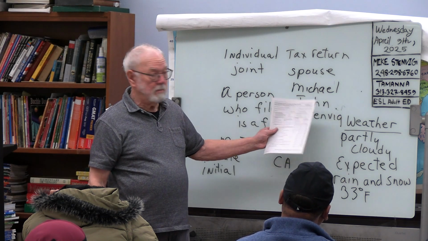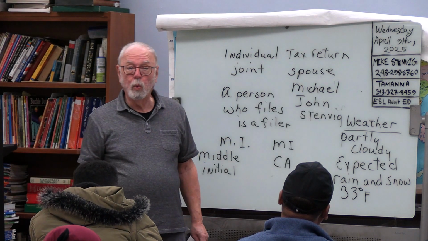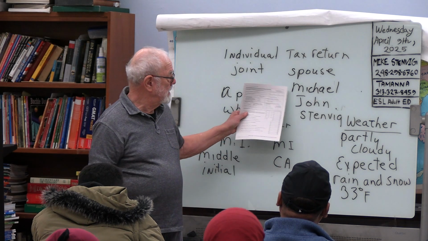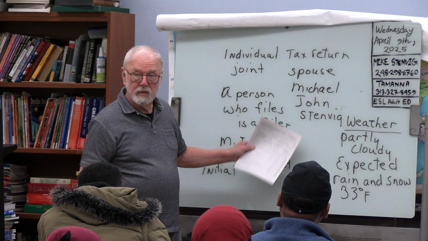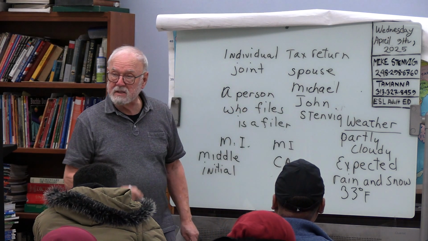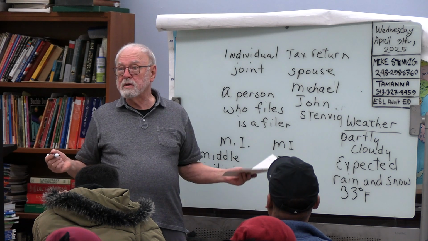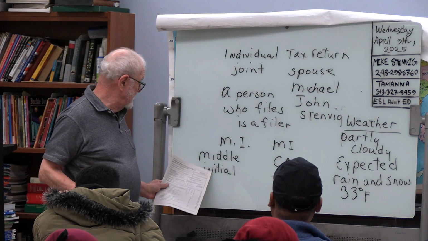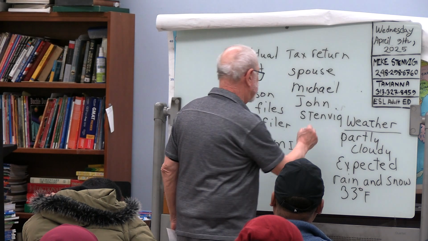That's my middle name. That's my last name. What are my initials? MJS. MJS are my 3 initials. But if someone says, what is your middle initial? J.